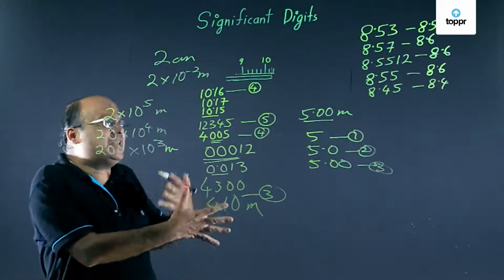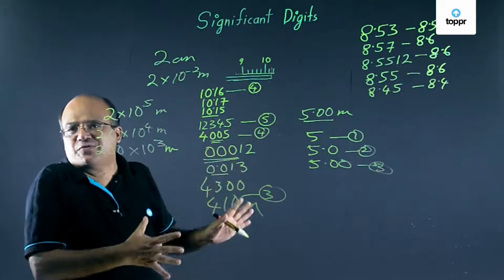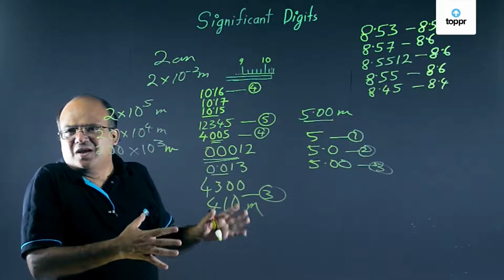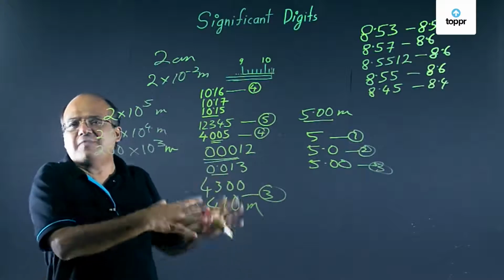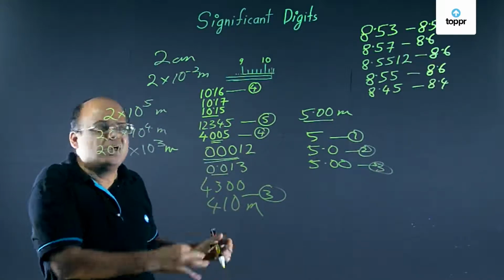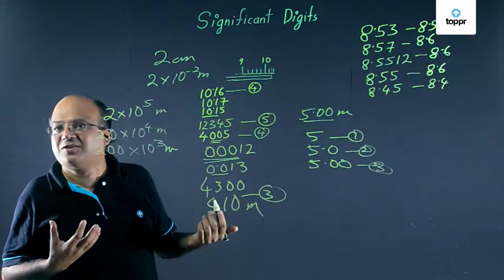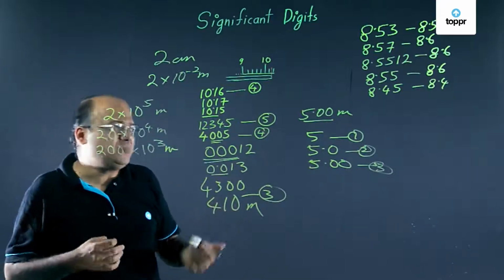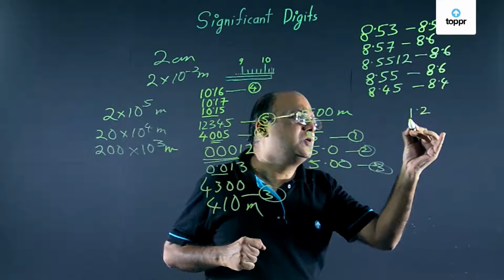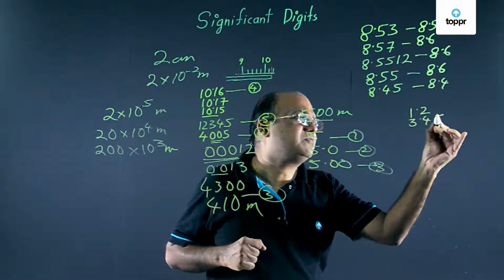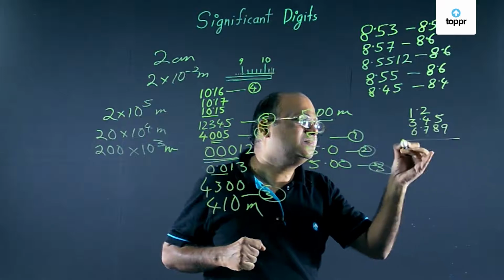Now whenever we are doing any mathematical operations, we have to take care of these significant digits. There are different rules for addition and subtraction and multiplication and division. First we'll learn the rule for addition and subtraction. Suppose we have to add up 1.2 plus 3.45 plus 6.789.